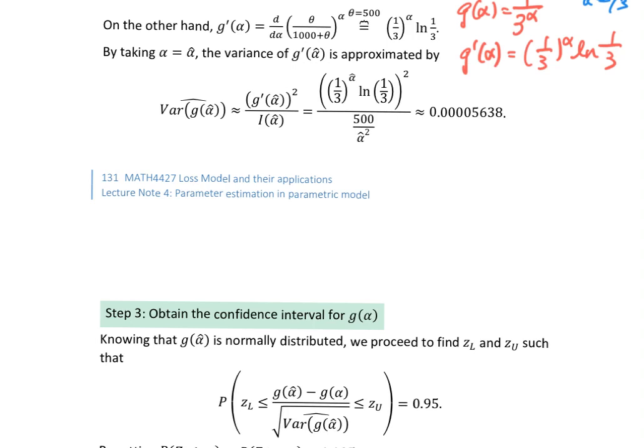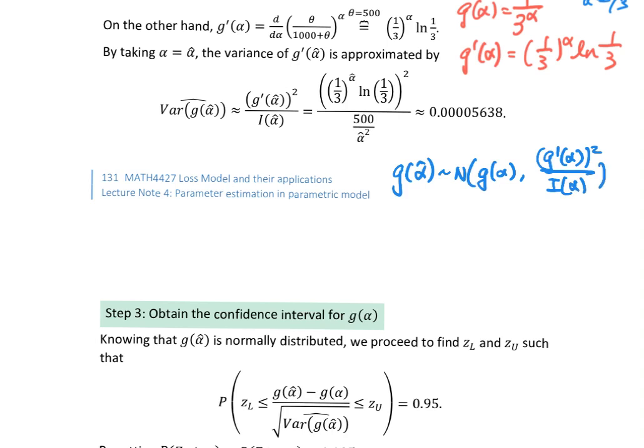To do this, we recall that your G alpha hat follows the normal distribution with the mean equal to G alpha, and the variance is G prime alpha all squared divided by I alpha.